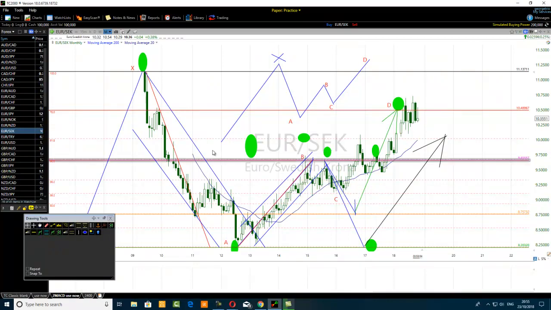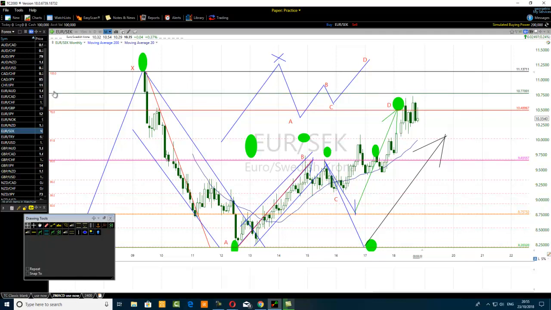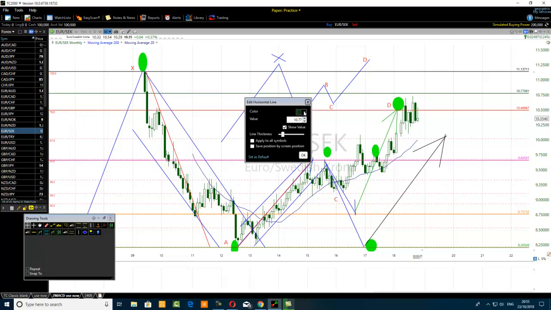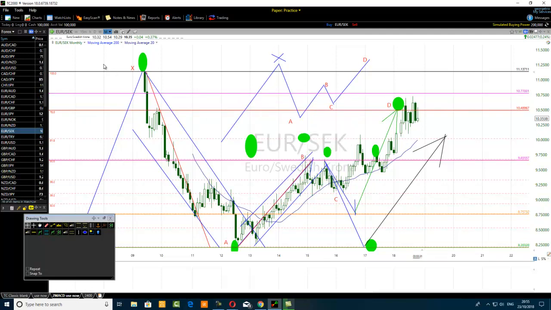The bat pattern goes above 78.6% for point D. In theory it should stop at the 88.6% Fibonacci retracement. So somewhere here we have the 88.6% Fibonacci retracement of the move from here to here, XA.